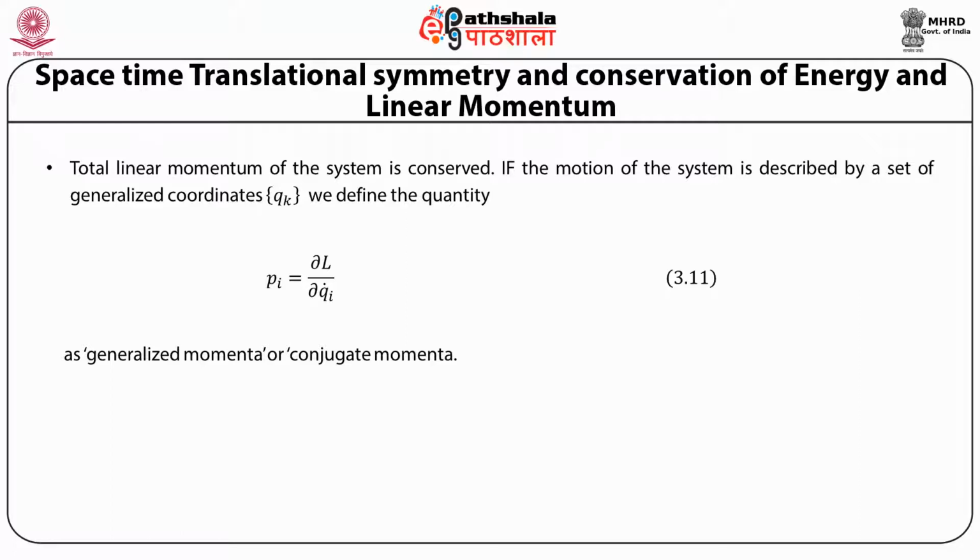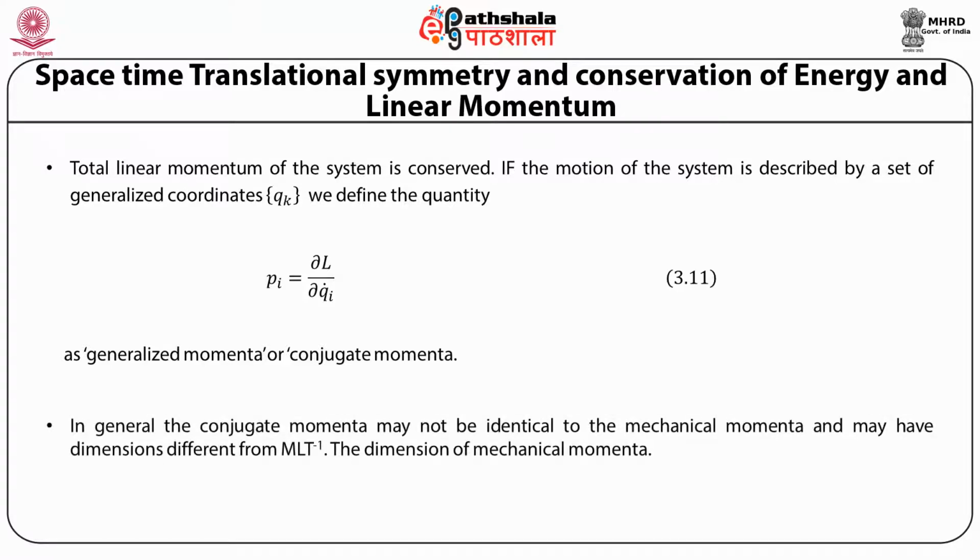That is, the momentum conjugate to a generalized coordinate qi is defined as ∂L/∂qi dot. In general, the conjugate momenta may not be identical to the mechanical momentum, and remember that mechanical momentum has the dimensions of MLT inverse, but a generalized coordinate need not have the dimension of a Cartesian coordinate. Therefore, generalized momenta may also not have the dimensions of a Cartesian or mechanical momentum.